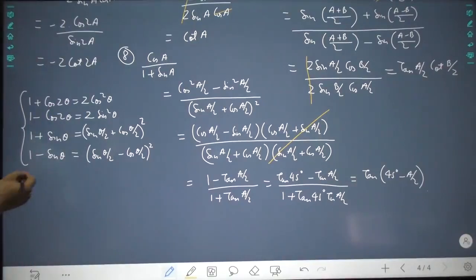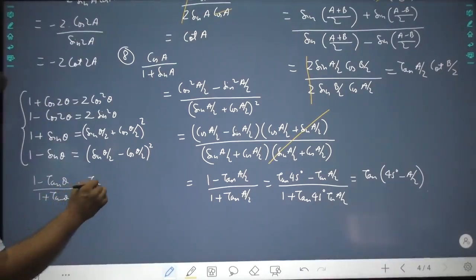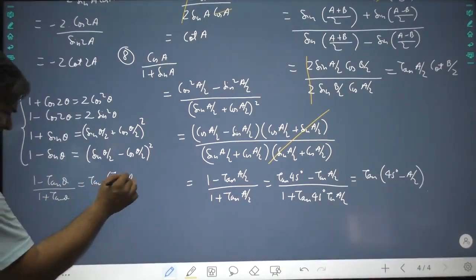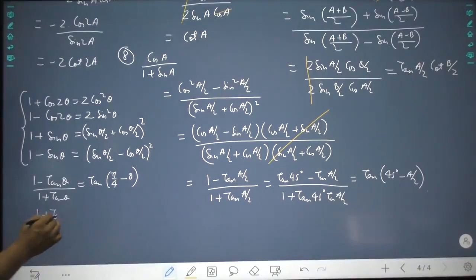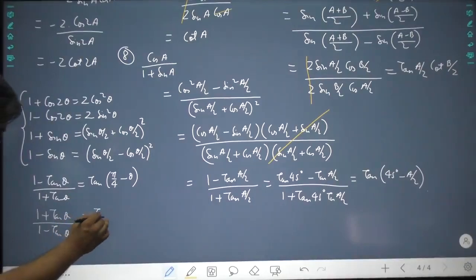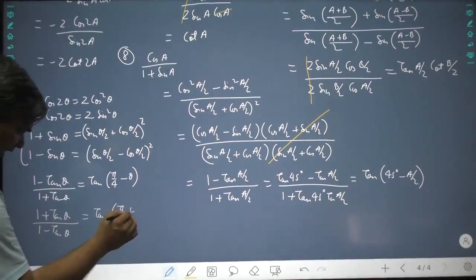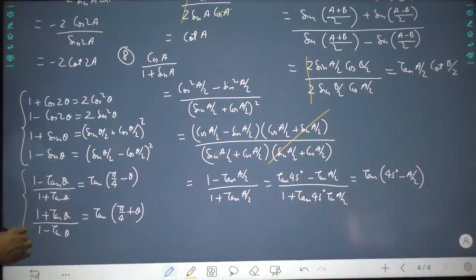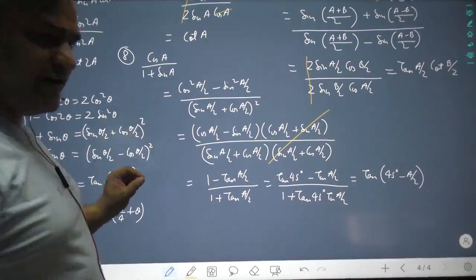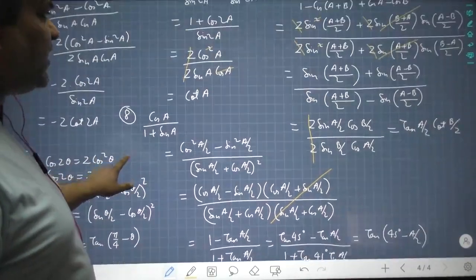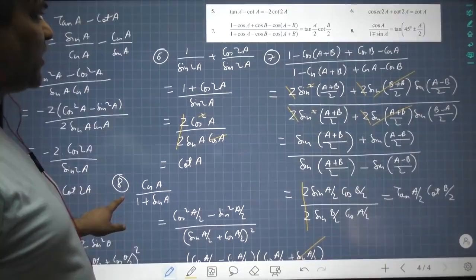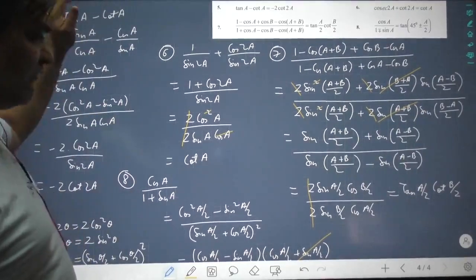You can also remember these two formulas for faster manipulation. 1 minus tan theta upon 1 plus tan theta is tan of pi by 4 minus theta, and 1 plus tan theta upon 1 minus tan theta comes out to be tan of pi by 4 plus theta. The vaster the knowledge, the faster the solution. So this is question number 8. Do you need to copy down some of them? Yes, sir. Okay, please copy this, then I will lift it up.